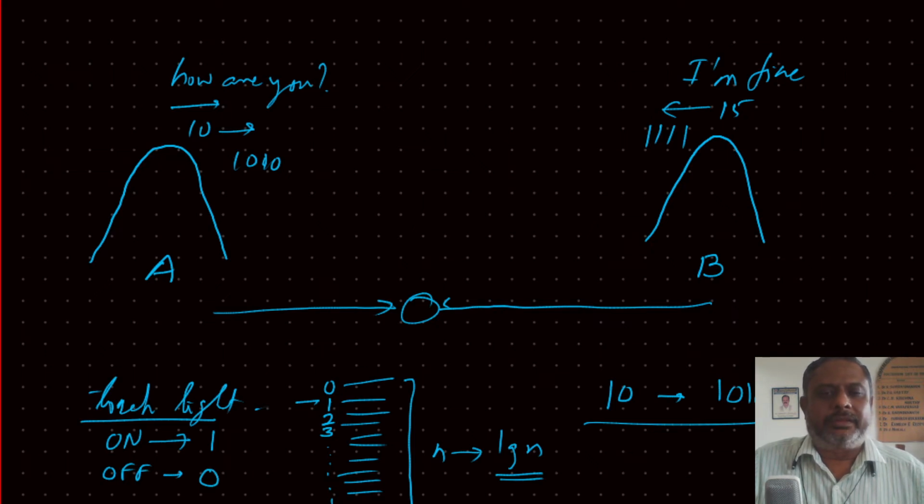They send a light if they want to say 1, and if they want to say 0, they keep their torch off. That way the communication started.